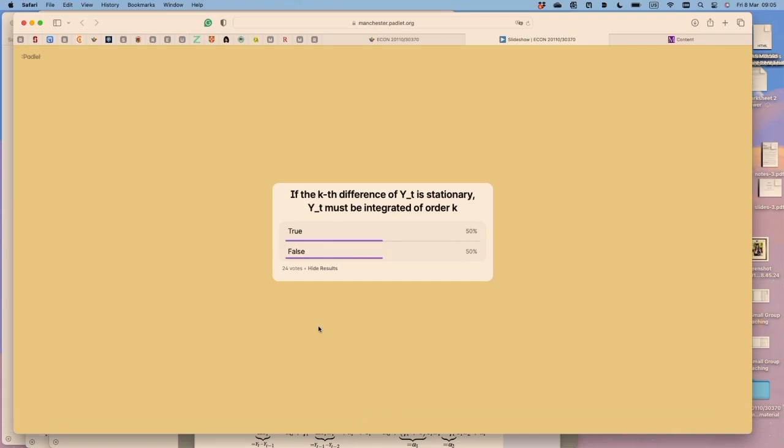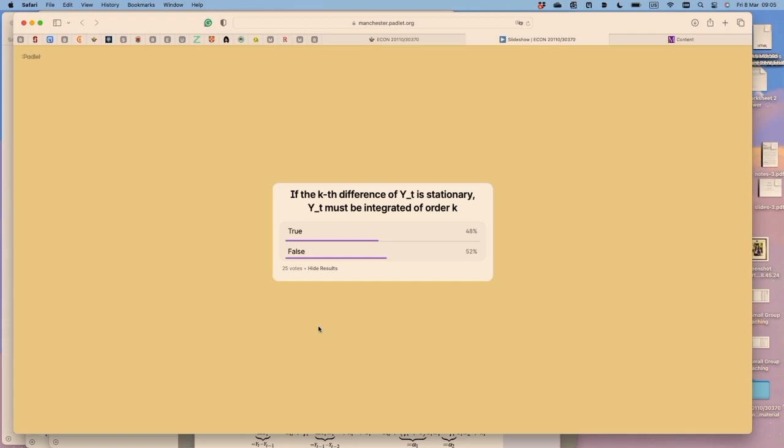So essentially, it's the minimum number of times that we should difference yt. So if we over difference the underlying series, we might still get a stationary time series, but that does not give us the correct order of integration.